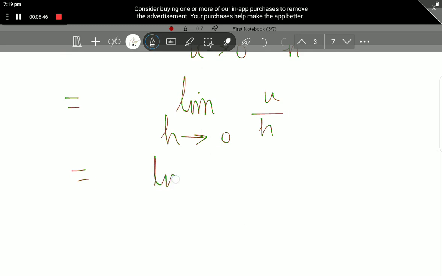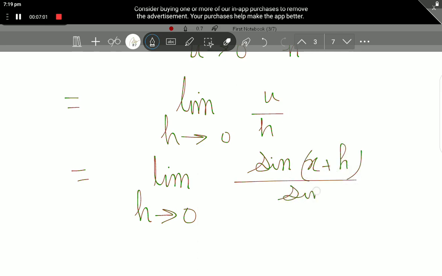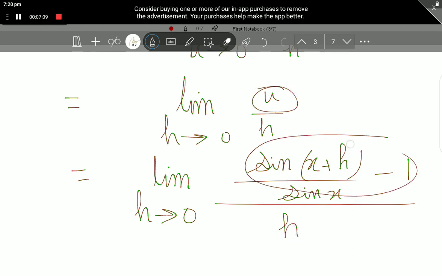Let's replace the value of u. So we have limit h tends to 0, the value of u is sin of x plus h divided by sin x minus 1. We have just replaced u as this quantity, which we assumed earlier.